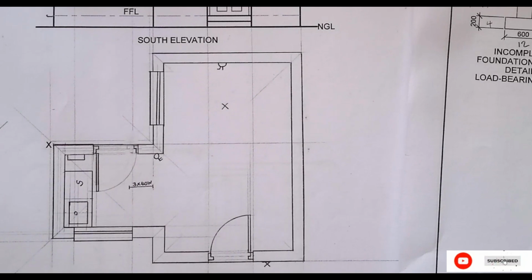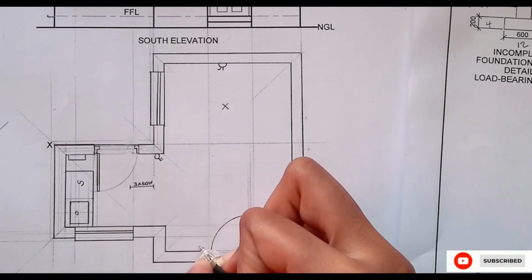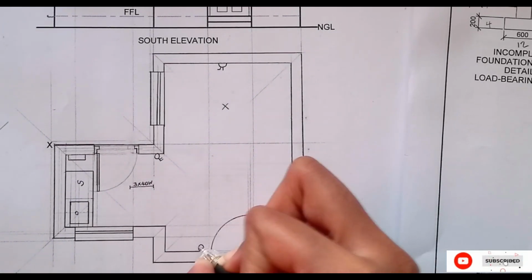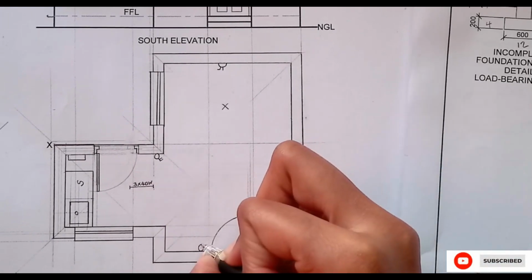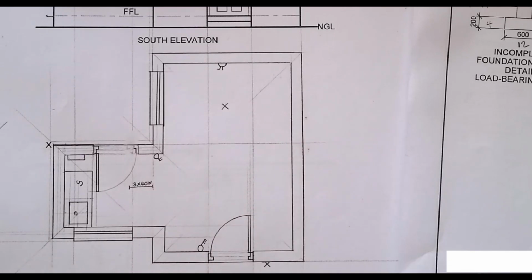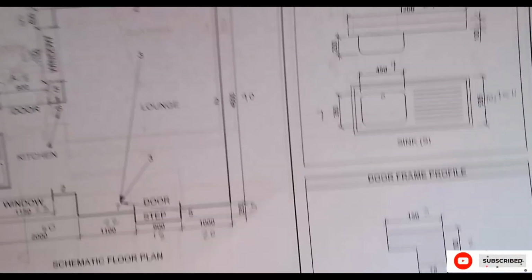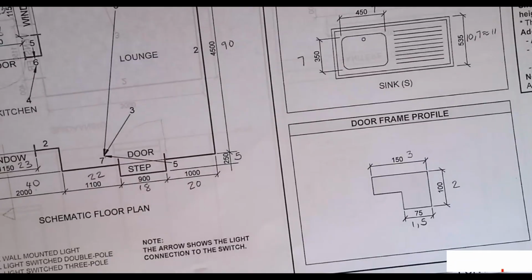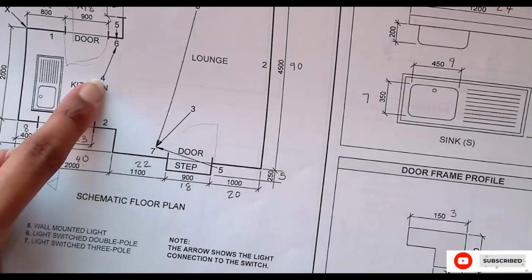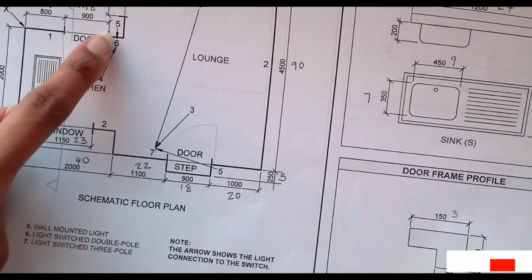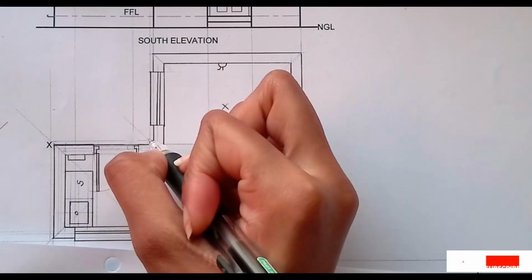7, we have another switch here, but it is a 3 pole. There. And then that's all. Now you're told to note that the arrow is the connection there. So now you can see that the 4 is connected to 6, as well as I didn't put in this 5. Let me put it now. The wall mounted light.